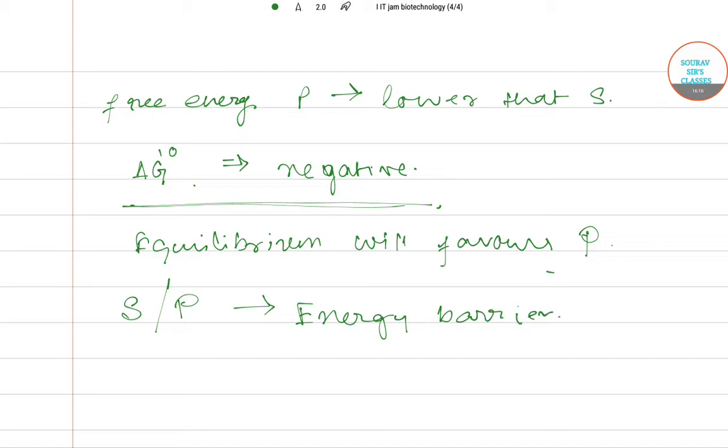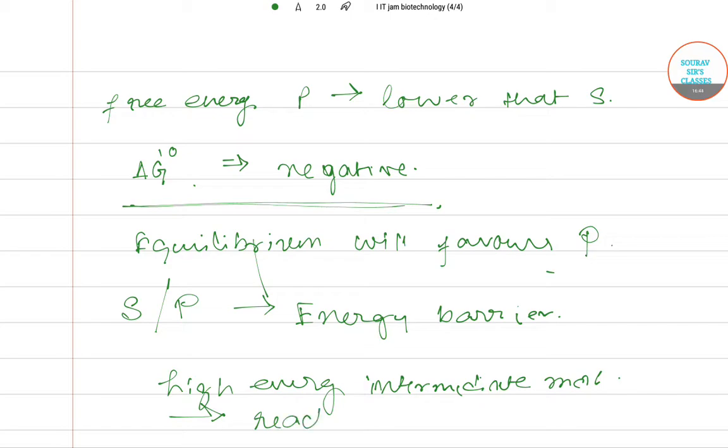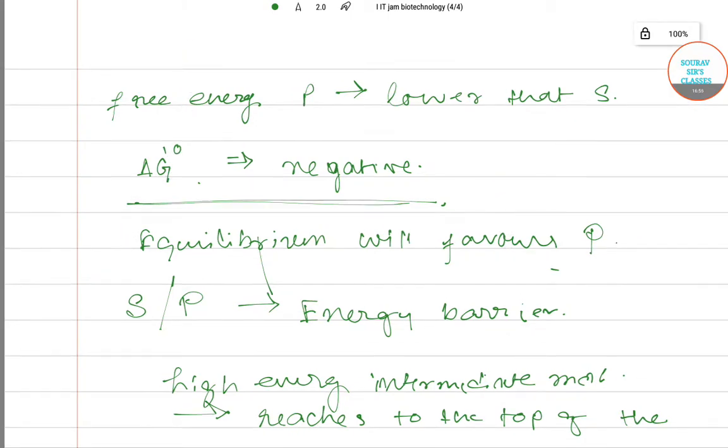So this was all about the reaction coordinate, and also the high energy intermediate molecule that is formed, that reaches the top of the energy hill.